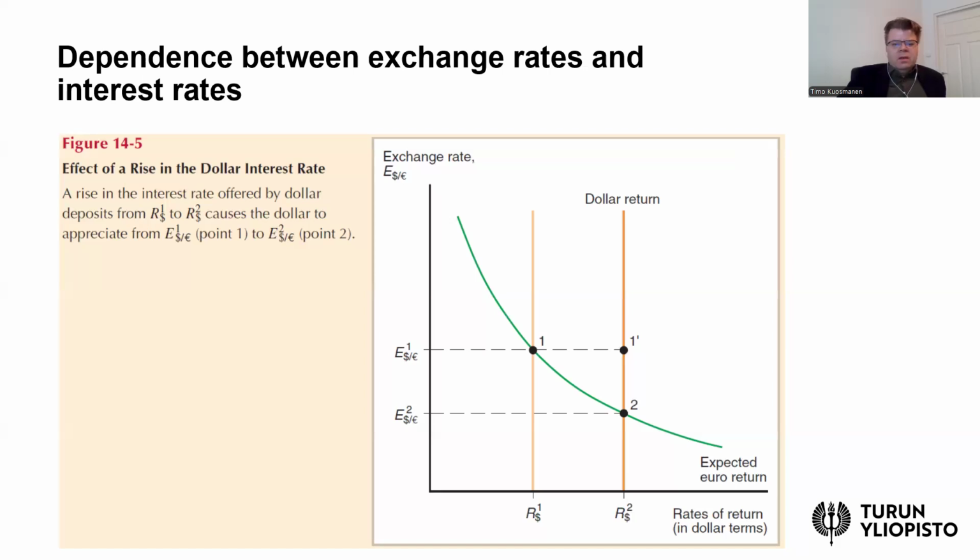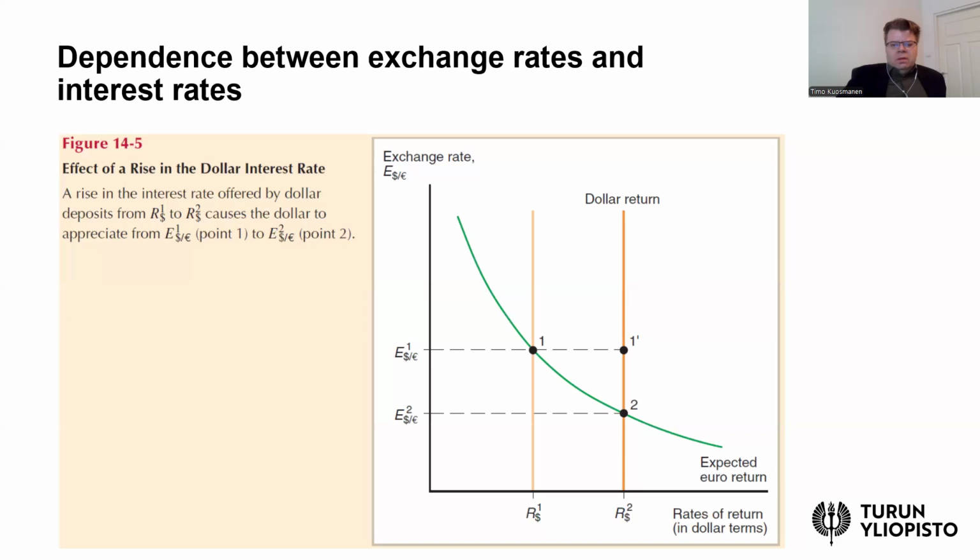European interest rates do not change, the American interest rate increases. So we were initially at point number one in the equilibrium, but this change in the interest rate, if nothing else happens, moves us out of the equilibrium. The previous exchange rate is no longer in the equilibrium.